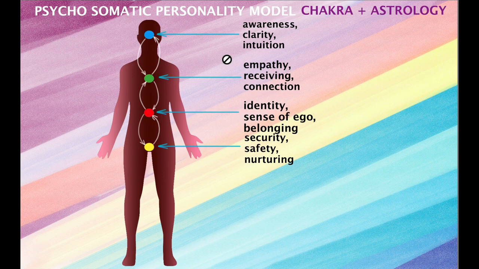So you may have increased awareness and increased sense of belonging, increased sense of identity. And that increased awareness, identity in turn will trickle down to other two centers, to the red dot, and to the yellow dot. It will come right up to your sense of safety and security and nurturing. You may feel more nurtured as a result of having empathy. Your sense of empathy itself is nurturing you, for example.